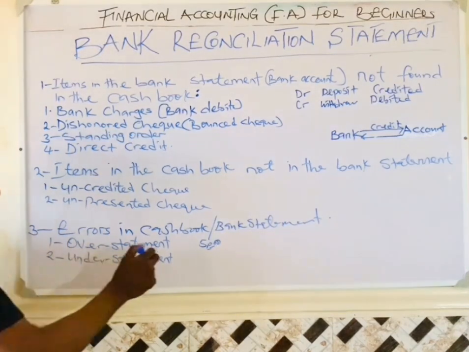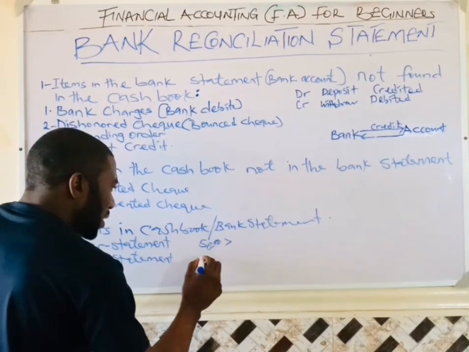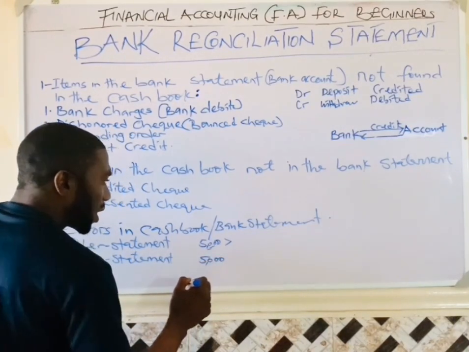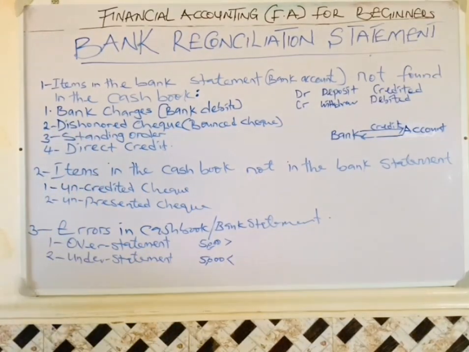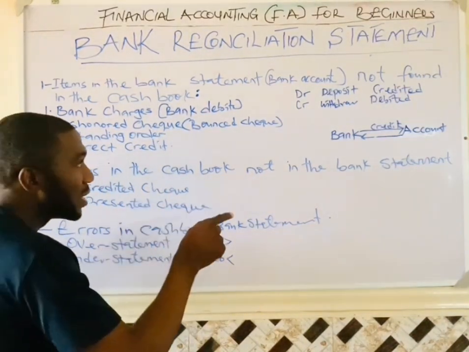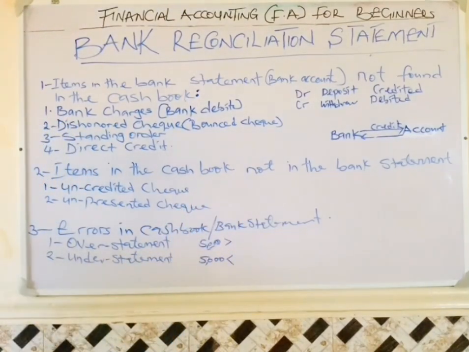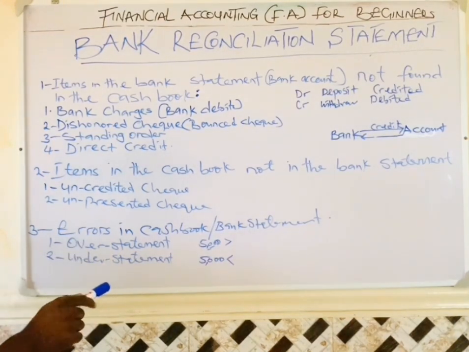And if you understate your cash book, that is the bank column in the cash book, with $5,000, it will never agree with the account balance in the bank. So if you are preparing, where you overstate, you less. Where you understate, you add.